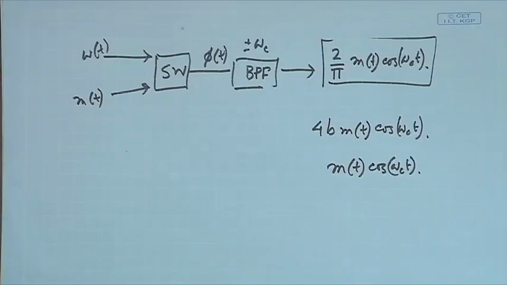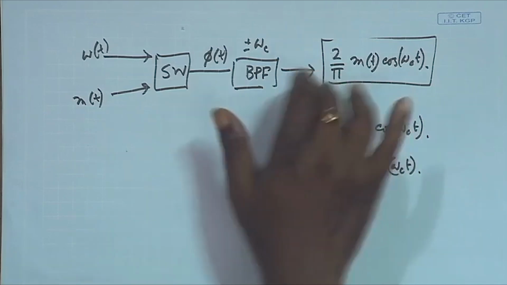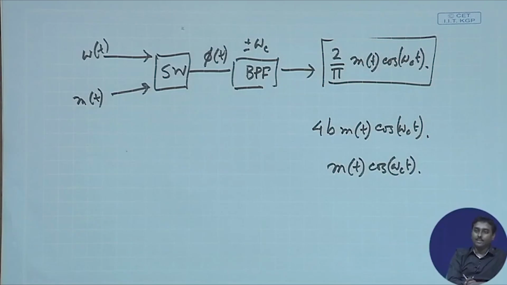Those powers are all wasted because I employ a band pass filter, right. So, that is why I am getting a pretty low power, 2 by pi, which is linked over here, right. So, that is one disadvantage of doing this.